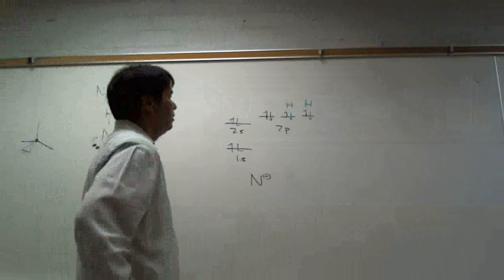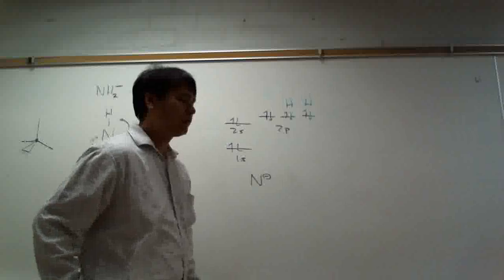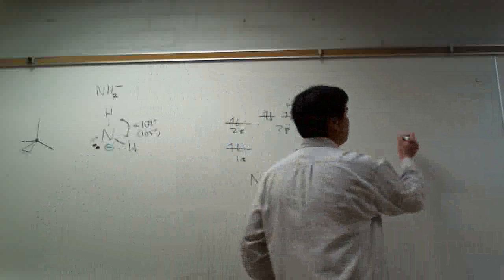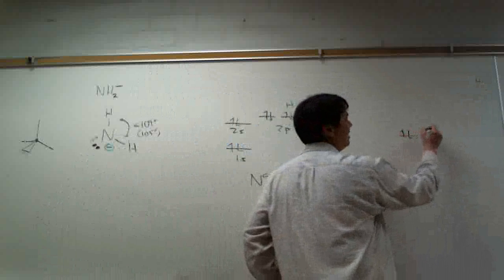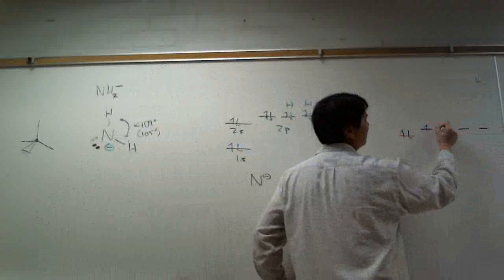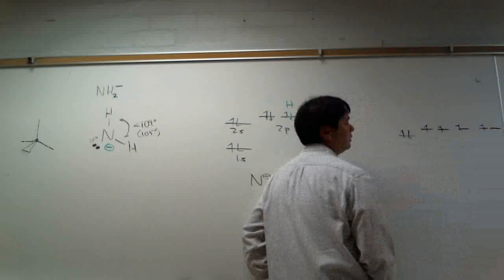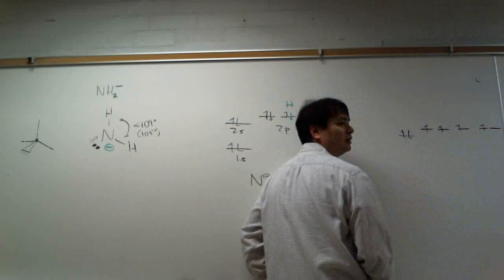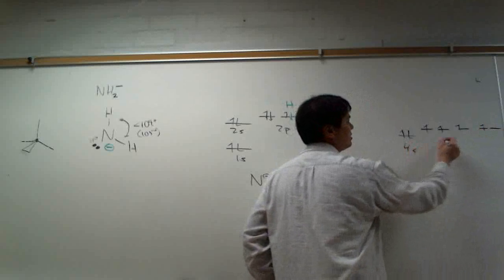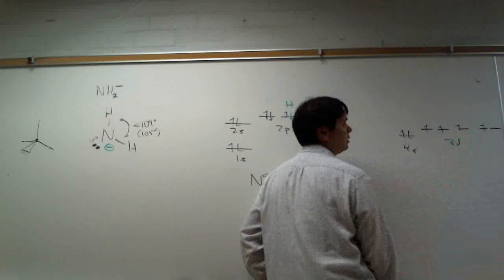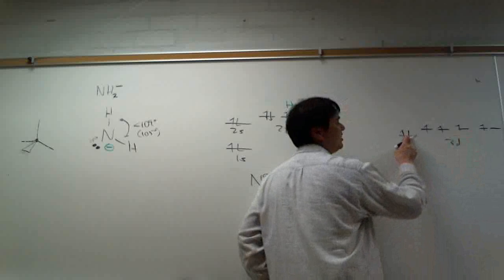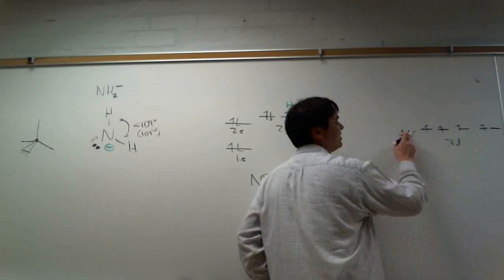And so it's like this. Remember chromium? Originally we had 2 down here and 4 up here. This is the 4s, this is the 3d. But what we ended up doing is this, ad hoc analysis.